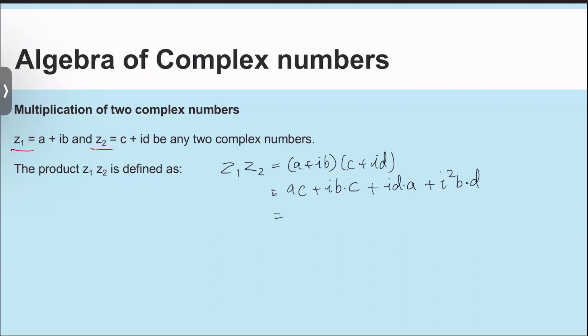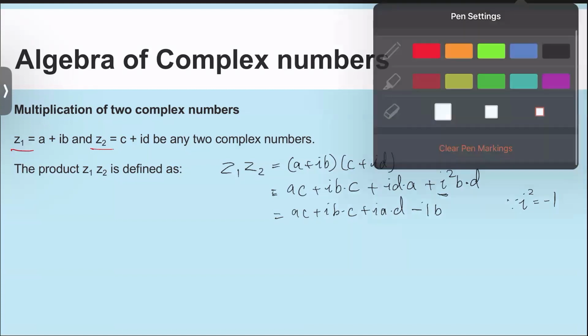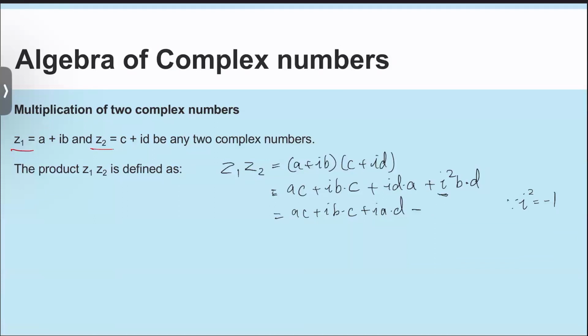Since we know that i square is equal to -1, we substitute i square with -1, so you have negative BD.